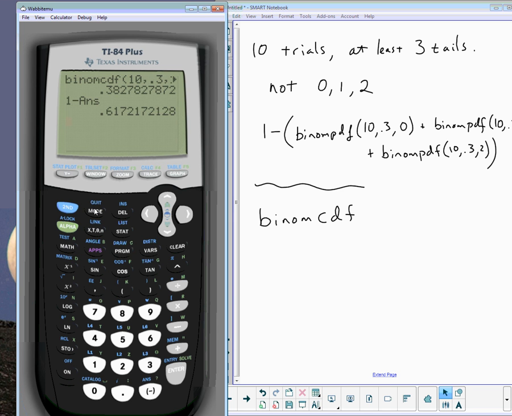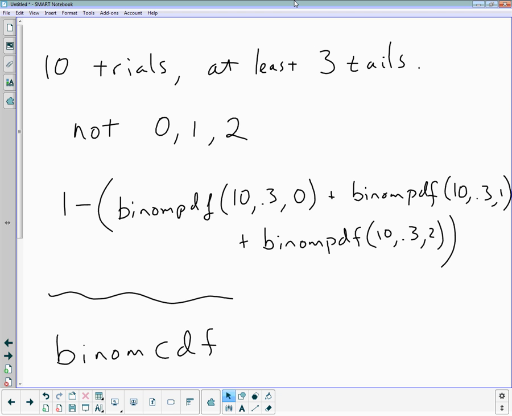Okay, so let's do a real example again. Yes, ma'am. PDF is a single value in the table.